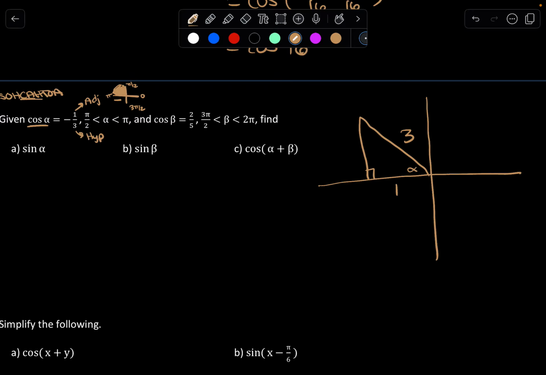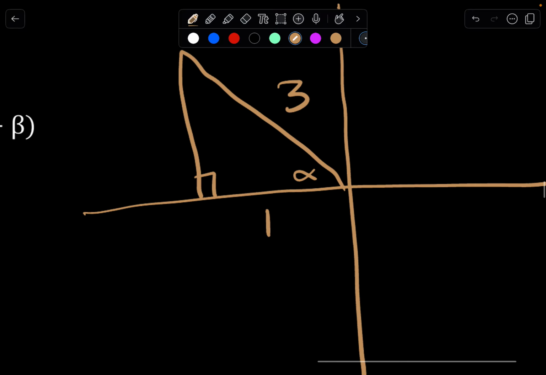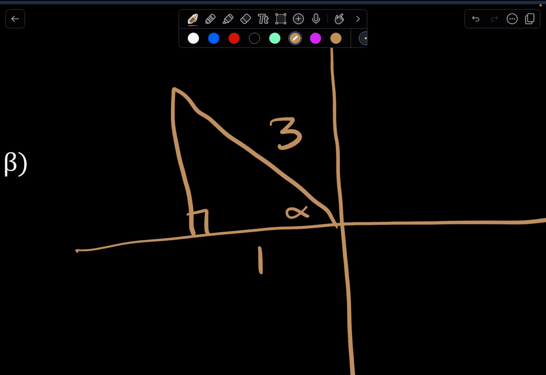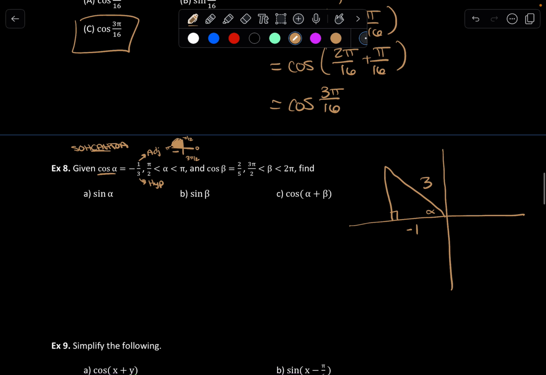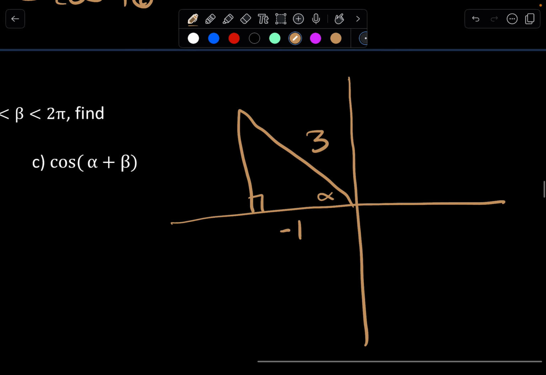So it is negative, and I understand that we are looking at a triangle, and that's the length of a side, but I'm going to put a negative here so I remember, okay, when I evaluate in this triangle, my adjacent side is going to be negative. Now I can already see that there is a sine alpha, so we're going to have to use the opposite side anyway. When you're constructing these triangles, it doesn't hurt to just solve for the one side that's missing, okay?